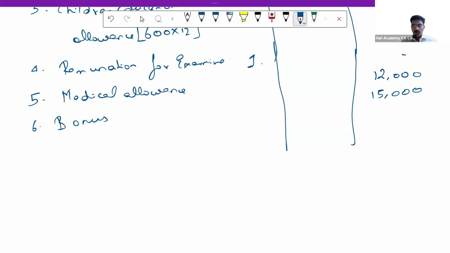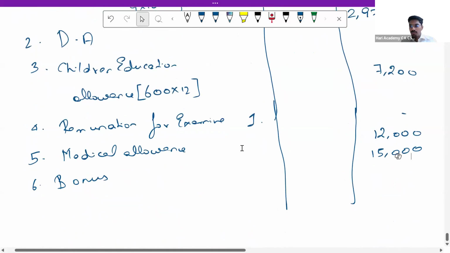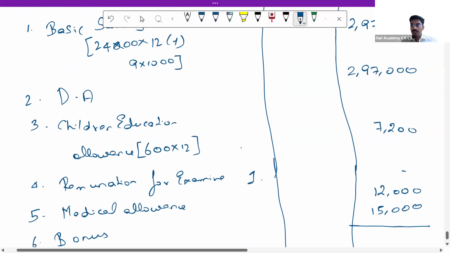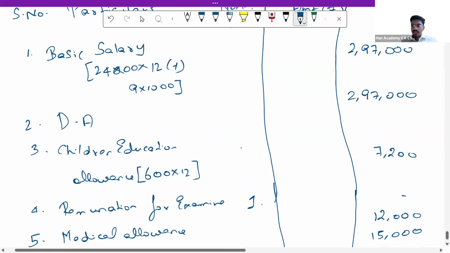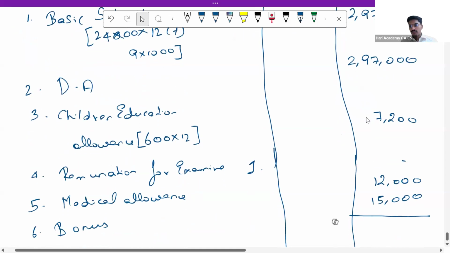So let us make that total now. My screen is not visible. It is now visible. Medical allowance and bonus. We have to make the total till here; this is going to be the salary portion. It is 2,97,000 plus 2,97,000, somewhere around 6 lakhs, minus 6,000, 5,54,000 till here.